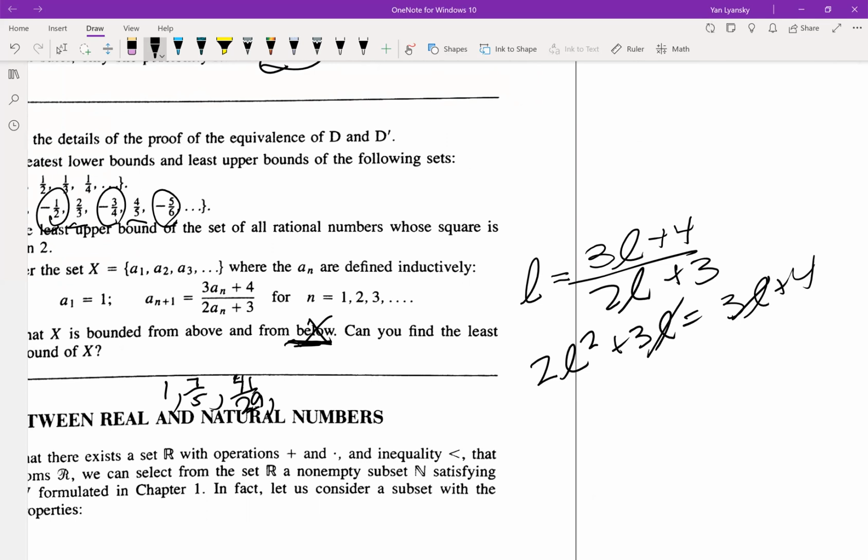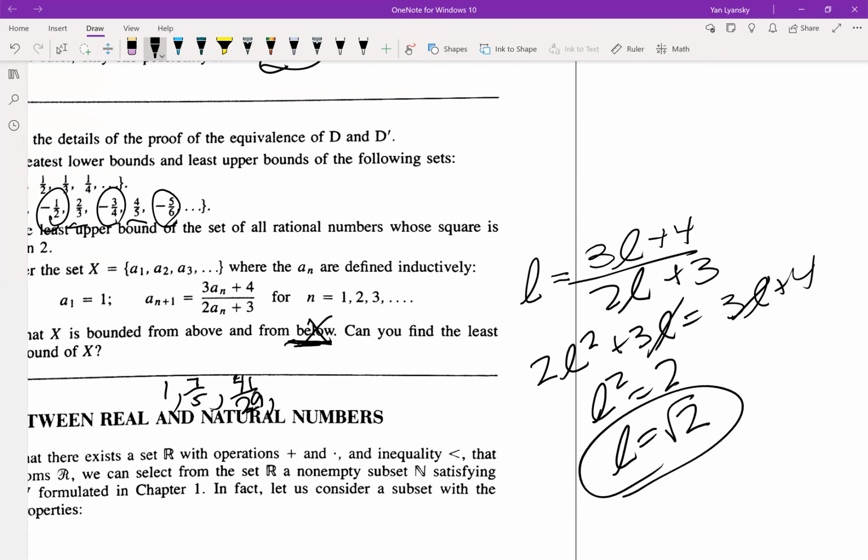The limit, if the limit exists for this, is going to be the square root of 2. The limit can only be the square root of 2.